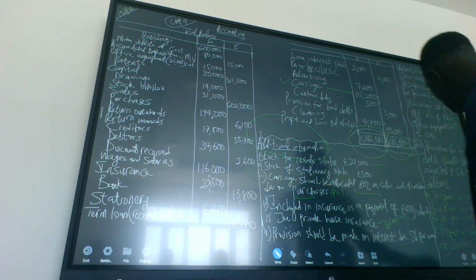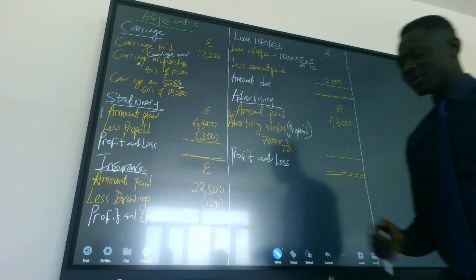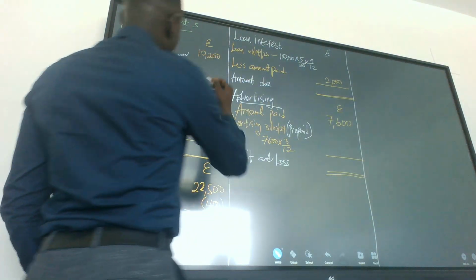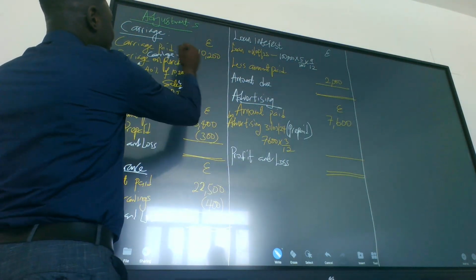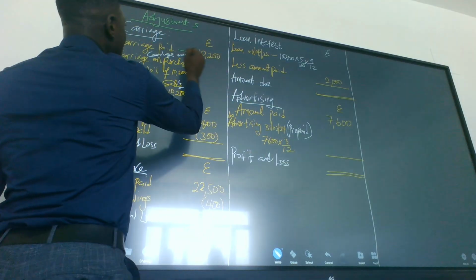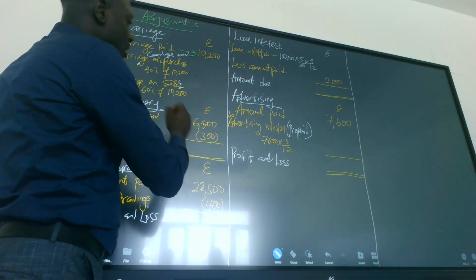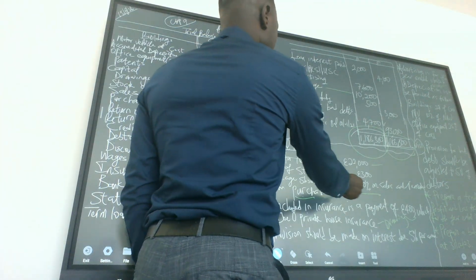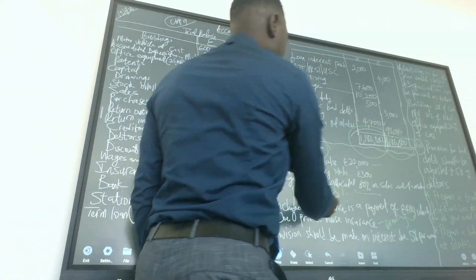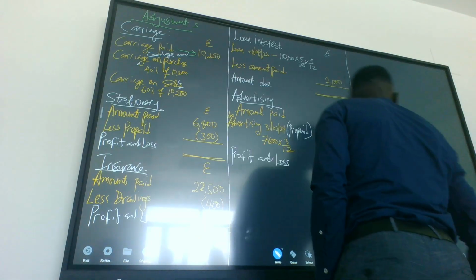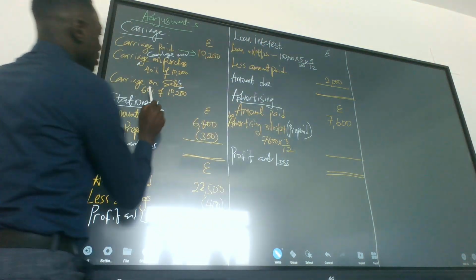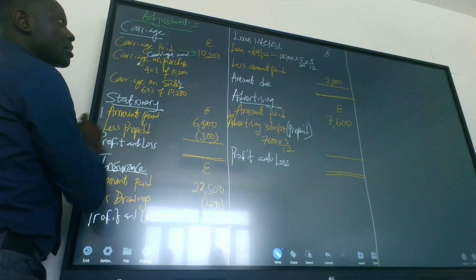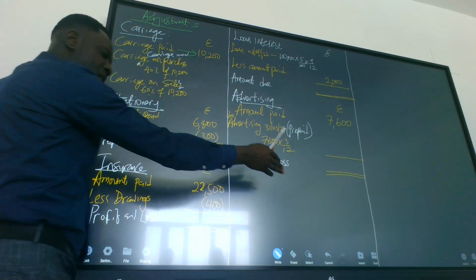Now we start the adjustments. We start with carriage. They said the total for carriage is 10,200. Going back here, they said 60% on sales, 40% on purchases. That was the additional information.